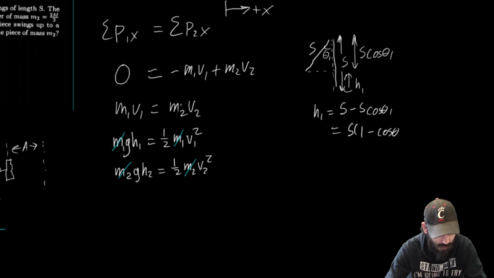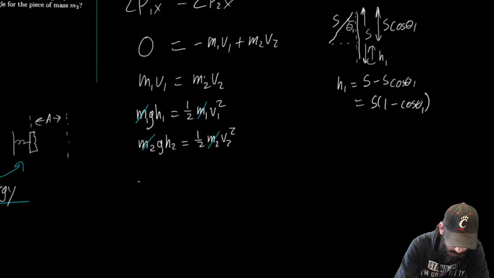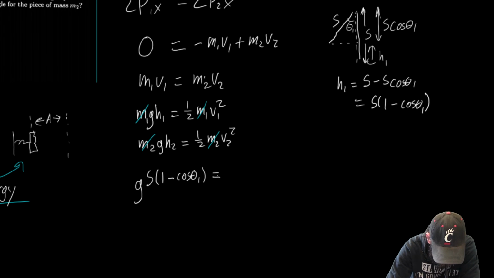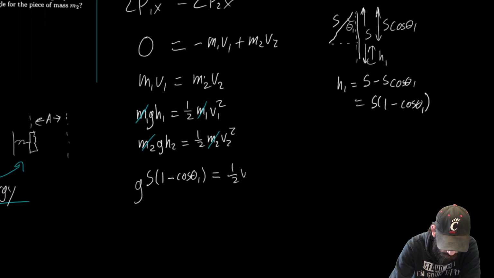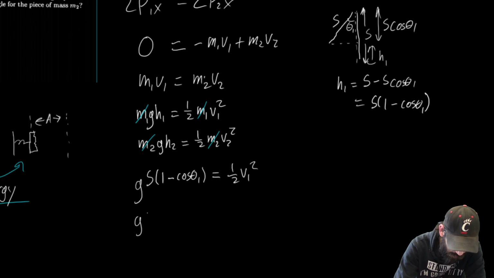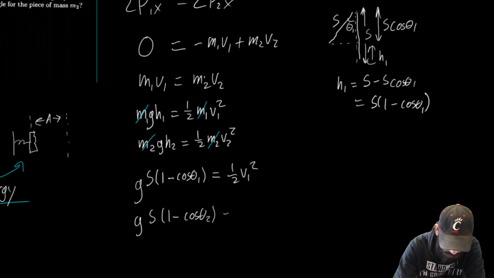Ultimately, we're going to have g times s times 1 minus cosine of theta 1 equal to 1/2 v1 squared, and something similar for our second equation: g times s times 1 minus cosine of theta 2 is equal to 1/2 v2 squared.